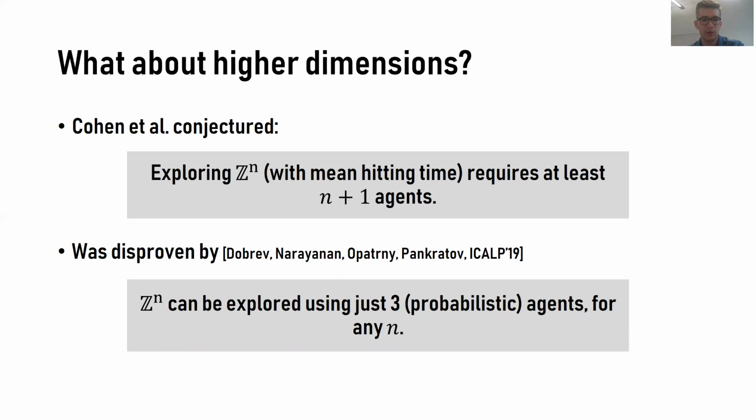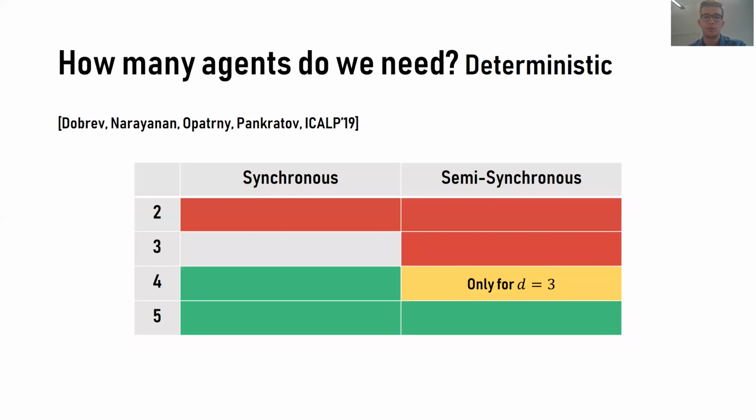disproven by Dobrev, Narayan, Pantry, and Pankratov recently, who showed that using randomness, Z^n, the n-dimensional grid, can be explored using just 3 agents. And they also showed that without using randomness, so deterministically, it can be explored by 4 agents. So what is the picture in the n-dimensional case?